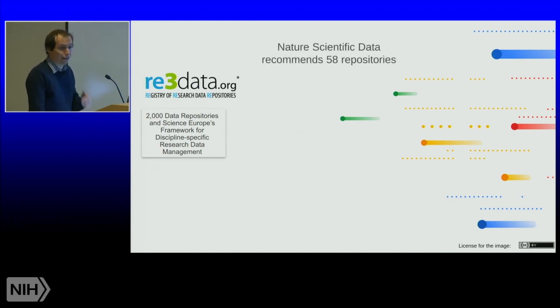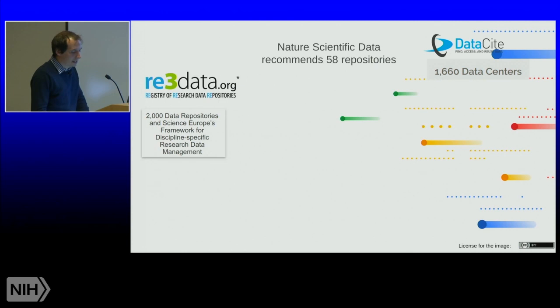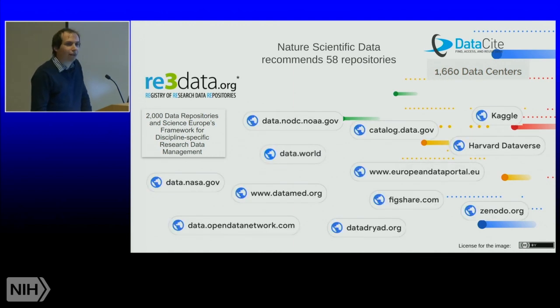Nature Scientific Data, for example, recommends something around 58 different repositories, both field-specific and generic. DataCite lists 1,600 different data centers that are listed as publishers of DOIs related to data. And there are many, many different data repositories out there. That's why discoverability or findability is something that needs to be solved.